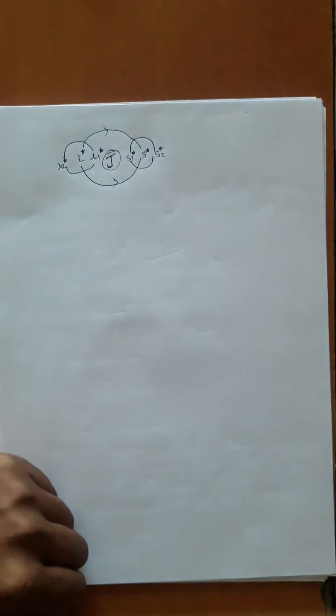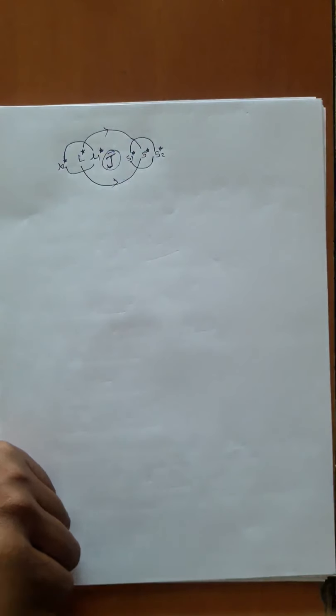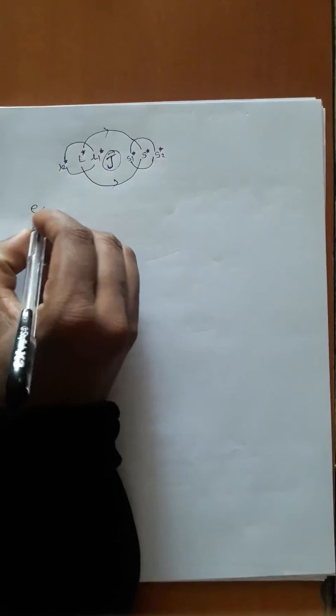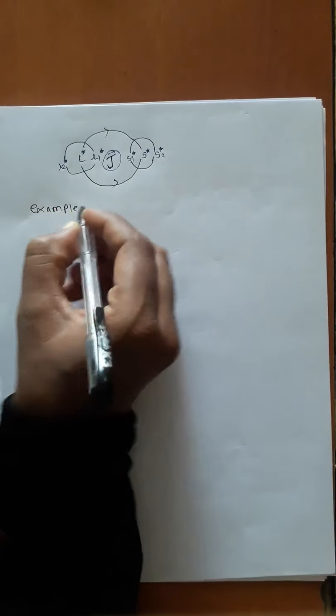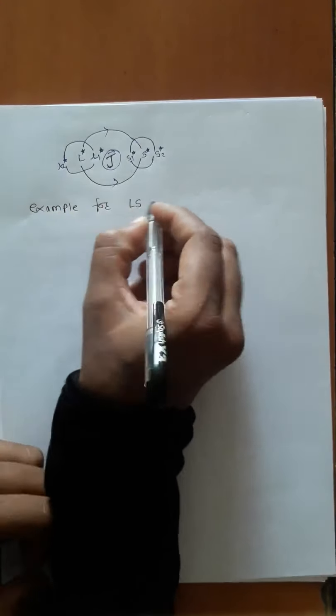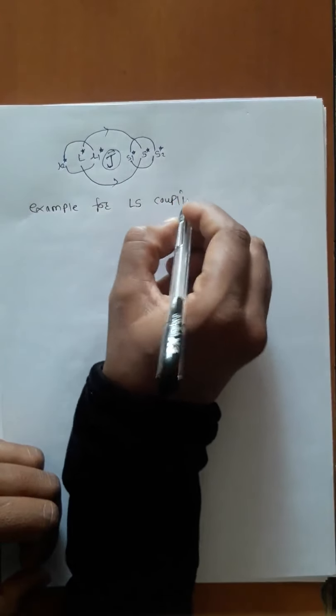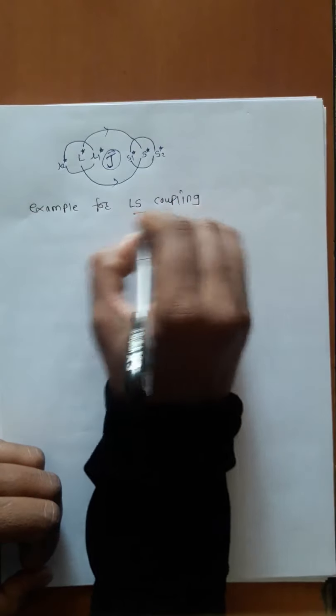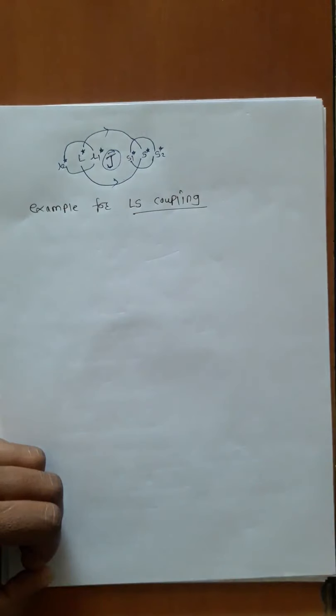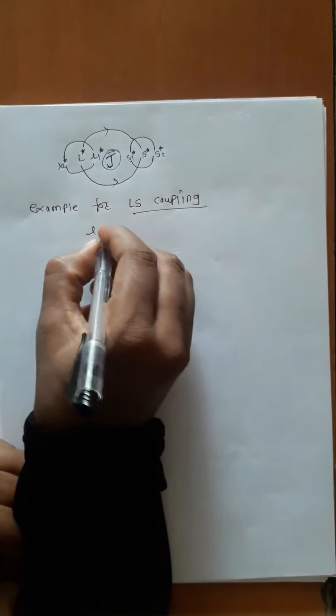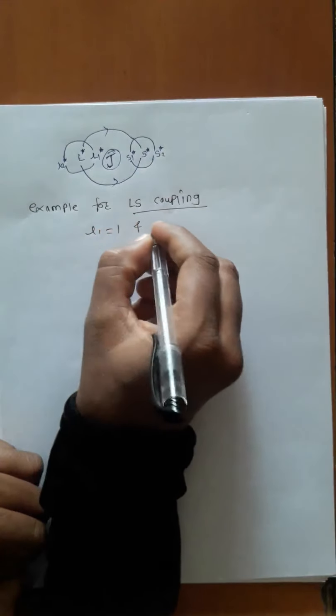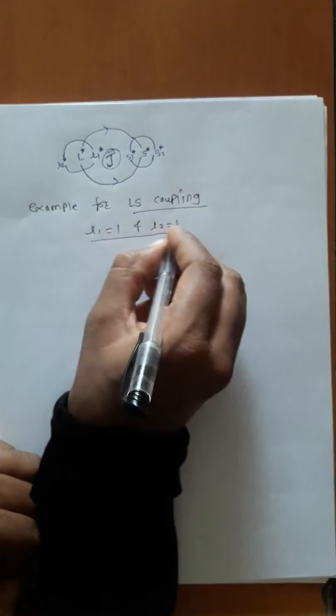Now I will take one example that describes the LS coupling: an example of LS coupling for a two valence electron system. Here we are given L1 equal to 1 and L2 equal to 1.